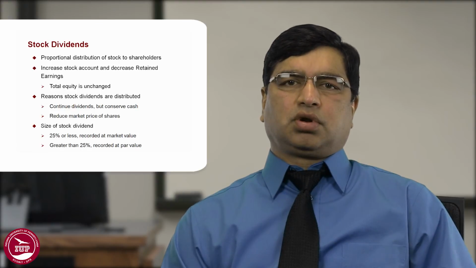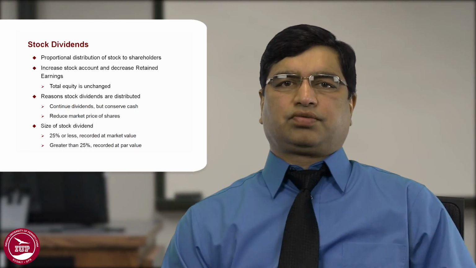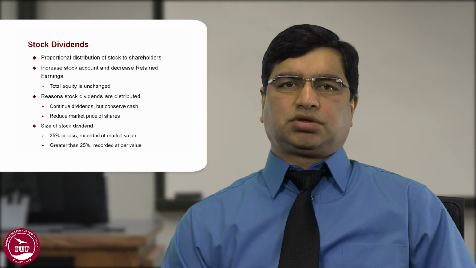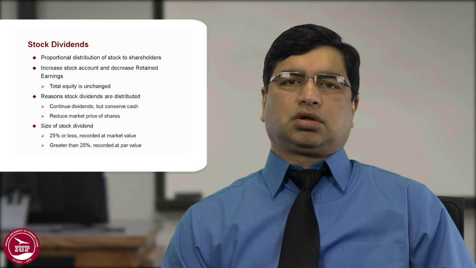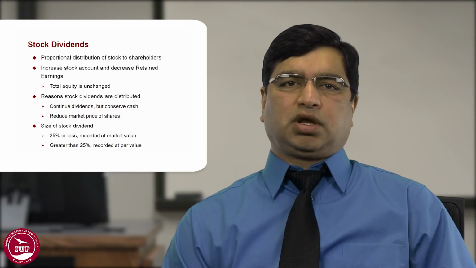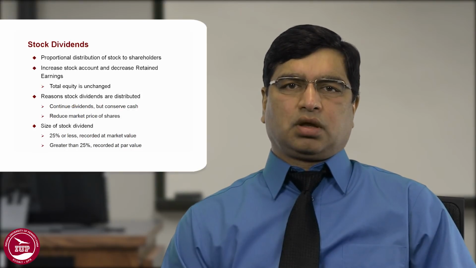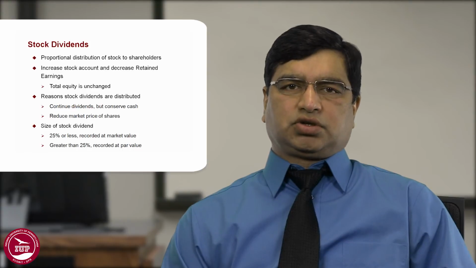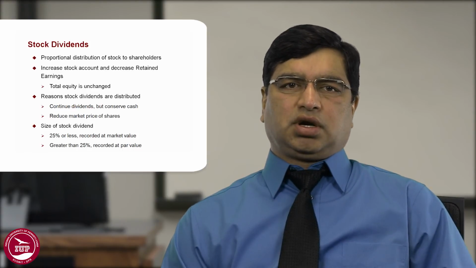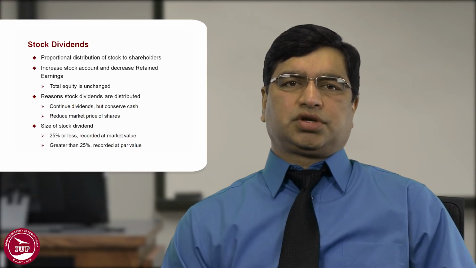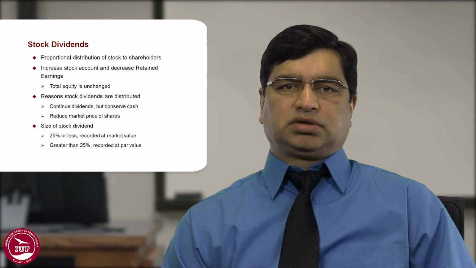So if you own 1% of the current shares, then when the stock dividend is given, you'll be given the right first to receive that 1% so that you maintain your ownership in the company. It increases the stock account and decreases the retained earnings. The total shareholders' equity remains unchanged.